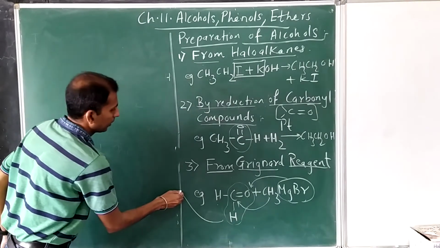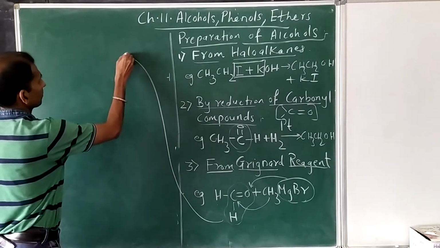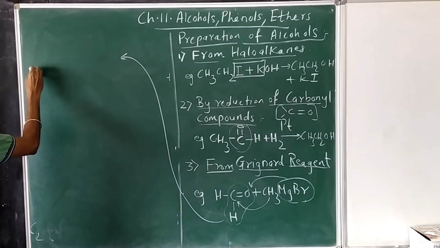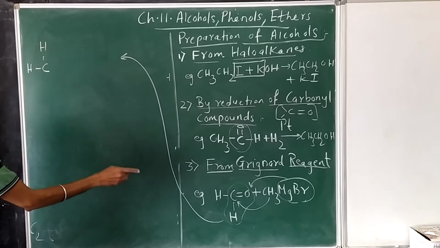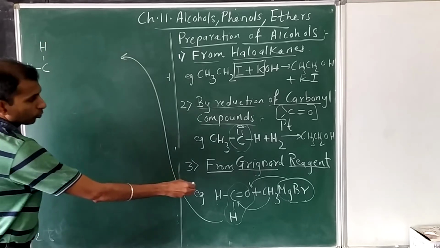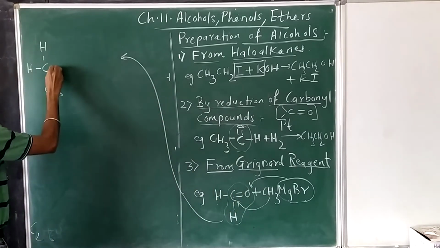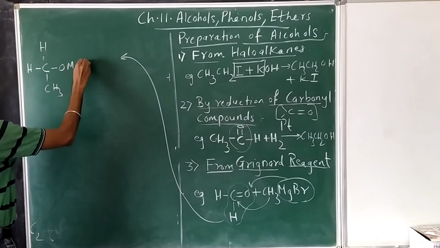The first product that we will obtain here will be HCH, and then the methyl group which is added to the carbon atom. So we write here CH3 and then OMgBr.